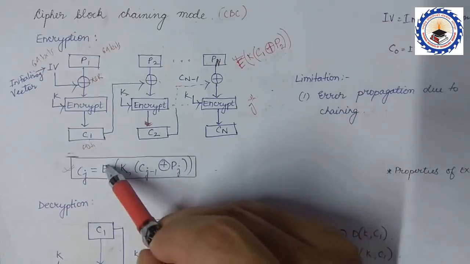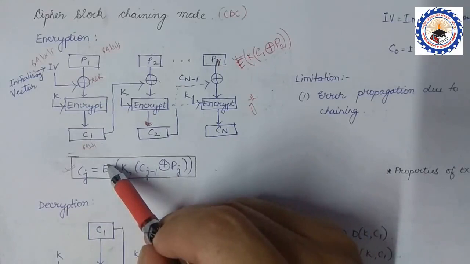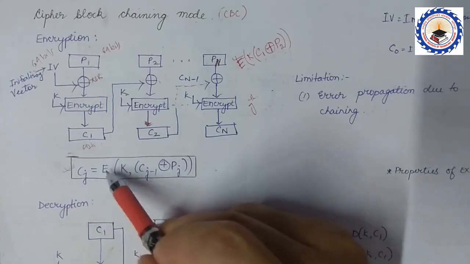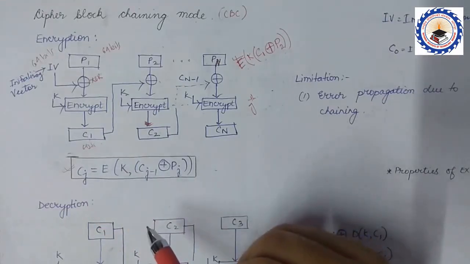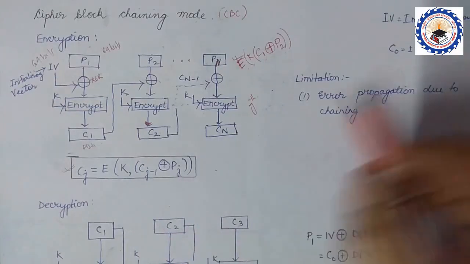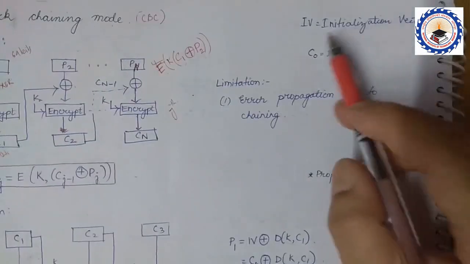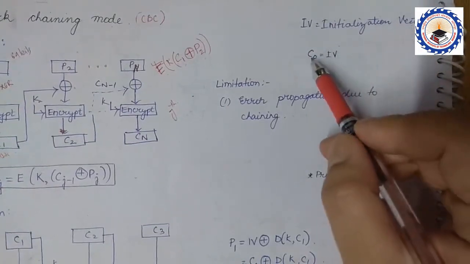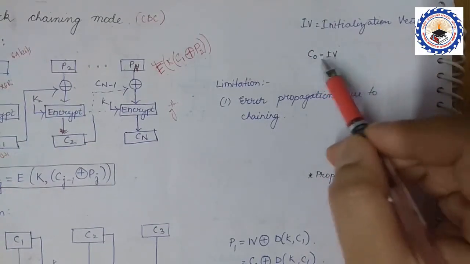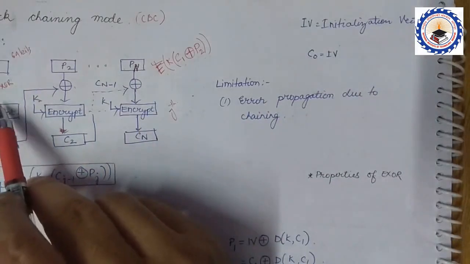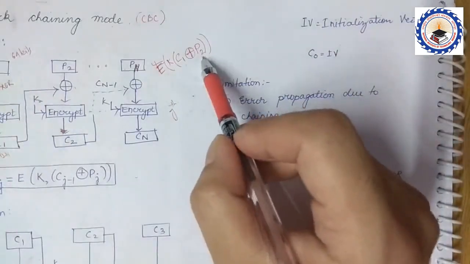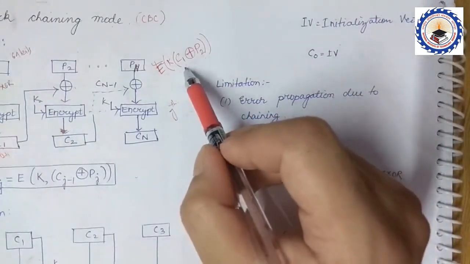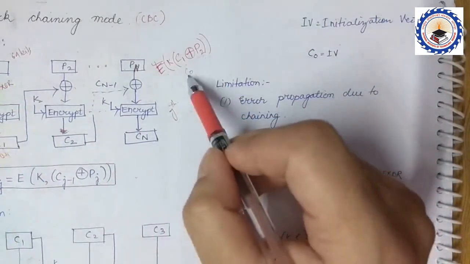These encryption algorithms may be different. It may be the RSA algorithm, it may be the DSA algorithm, it may be the AES algorithm, but in general we simply take it as E, an encryption. Then you have to know what this IV is. IV is the initialization vector, and we initialize C0 as IV. So for the first step, this is P1, and this is C0.